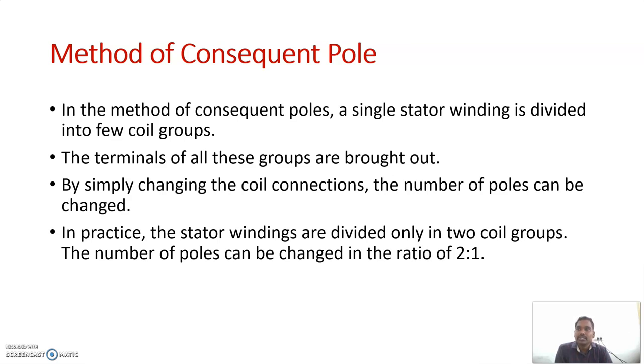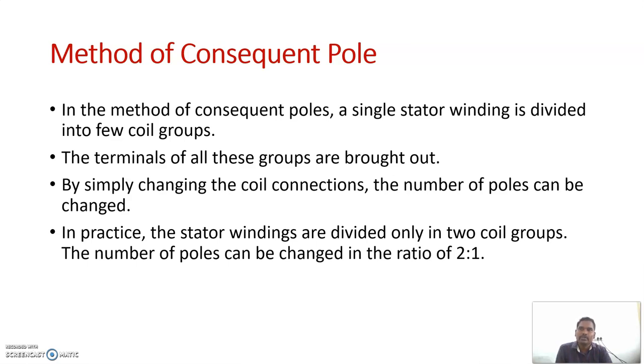For example, the stator coil is taken out into 4 groups. Where we give the supply, that particular coil is energized with AC. That coil produces the necessary flux, which gives the desired speed.